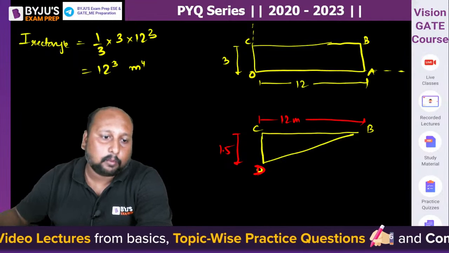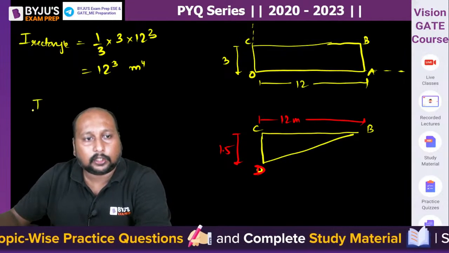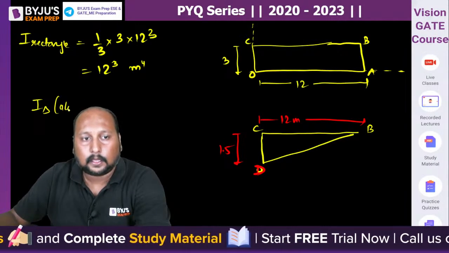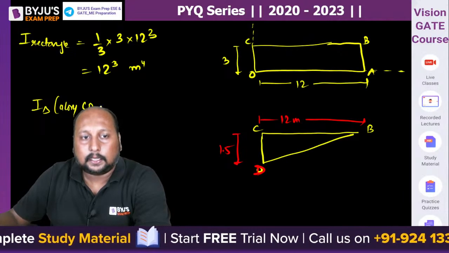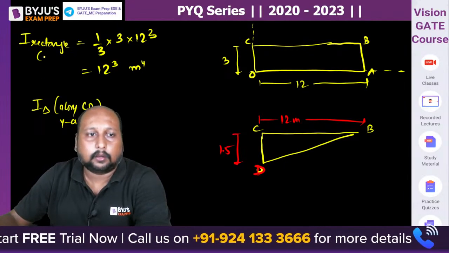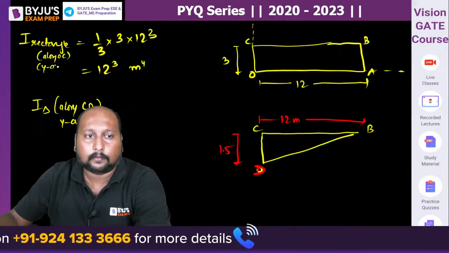Can we calculate the moment of inertia of this triangle along OC, that is the y axis?